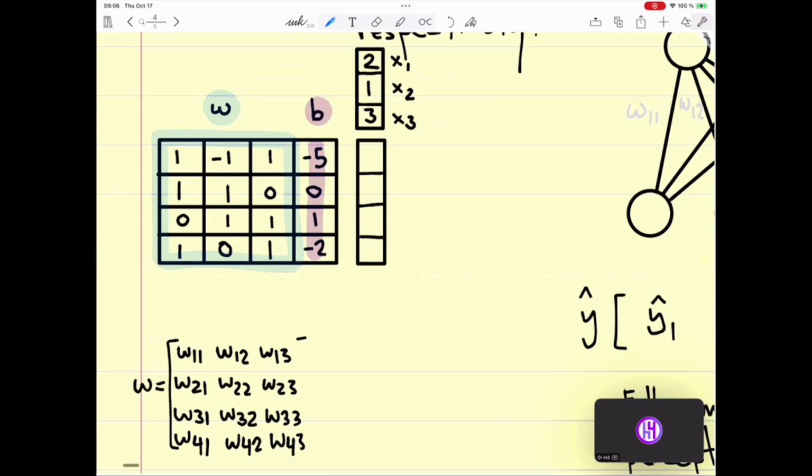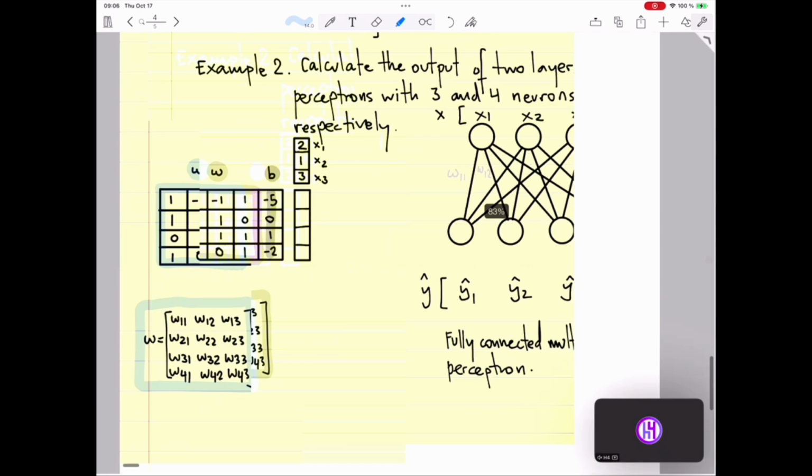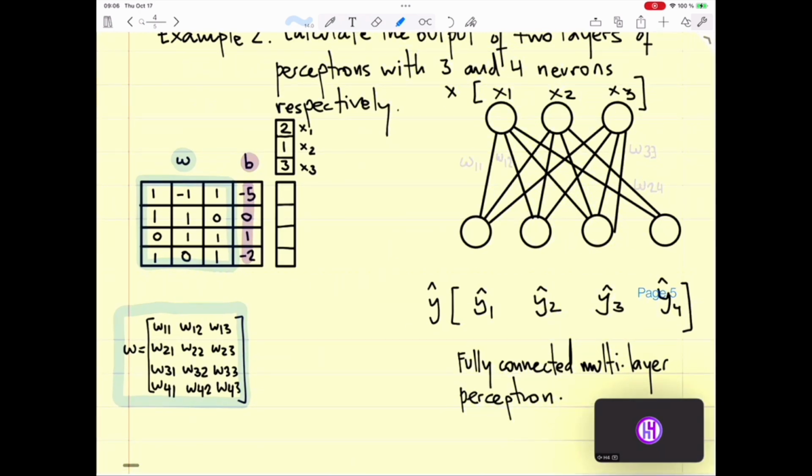Okay, which is nothing else but what we describe here in the relationships between the nodes. Can you follow so far?